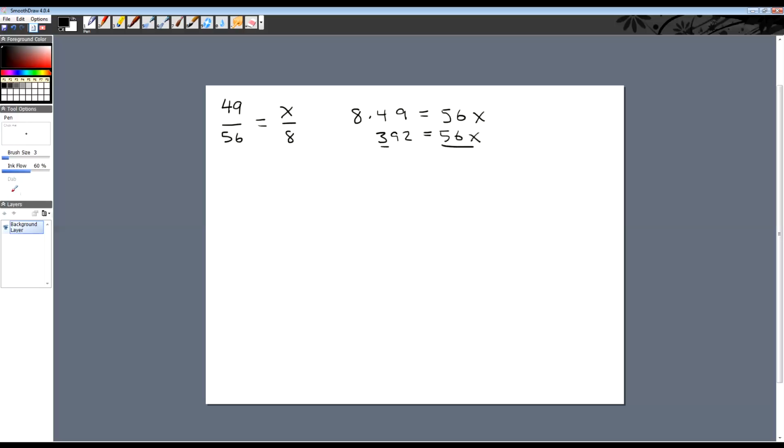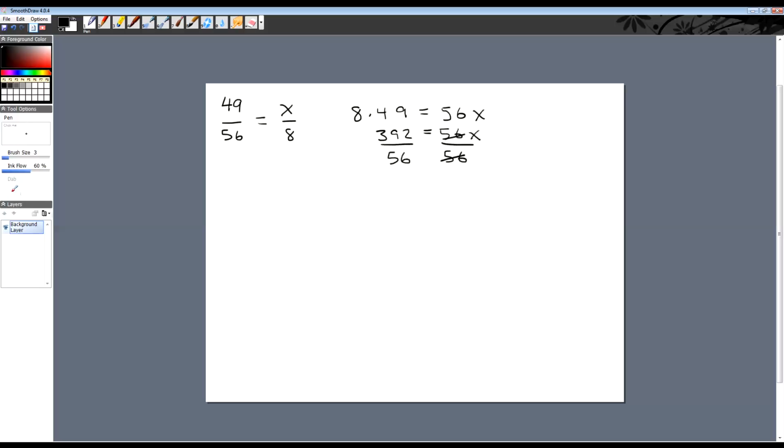We use the multiplication property of equality, divide both sides by the same number. Remember, any number divided by itself is 1, so what you're left with is x equals 392 divided by 56, which gives us 7 equals x. So the solution to this problem is x equals 7.